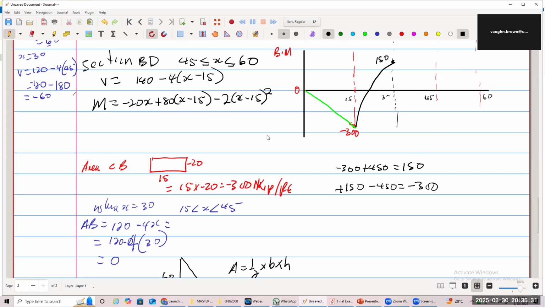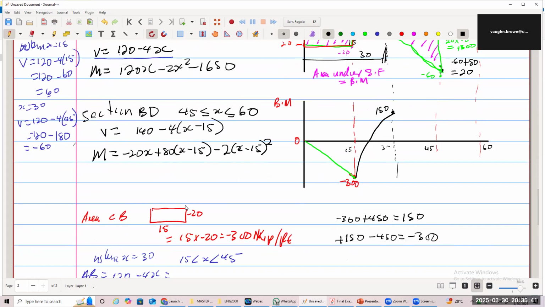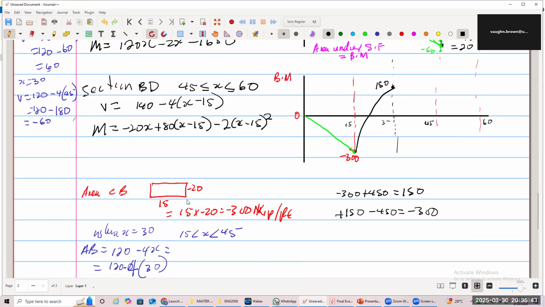So that means if you put 45 in this expression, it should give you back the minus 300. So you don't have to do that. So it comes back down to minus 300, right? So minus 300 somewhere right here. So it comes back here.